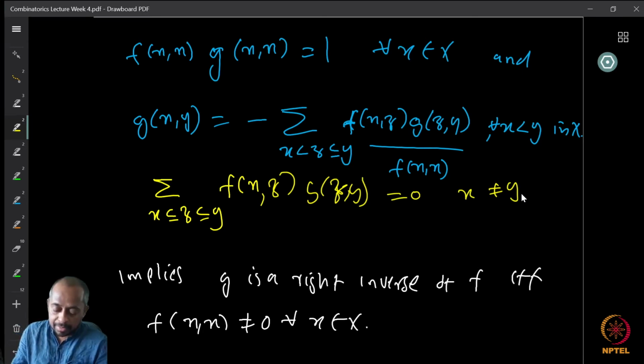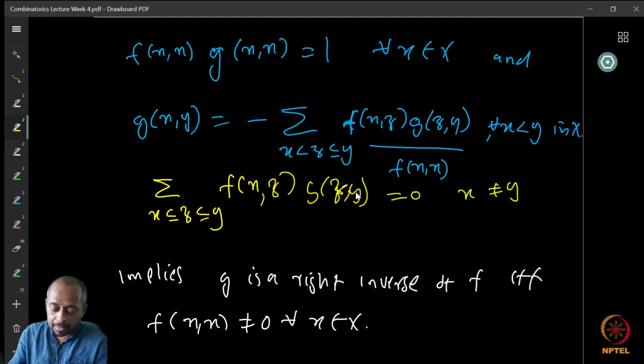So in the summation, the first term is f of x comma x, when z is equal to x, times g of x comma y. You keep that term on the left side and move everything else to the right.